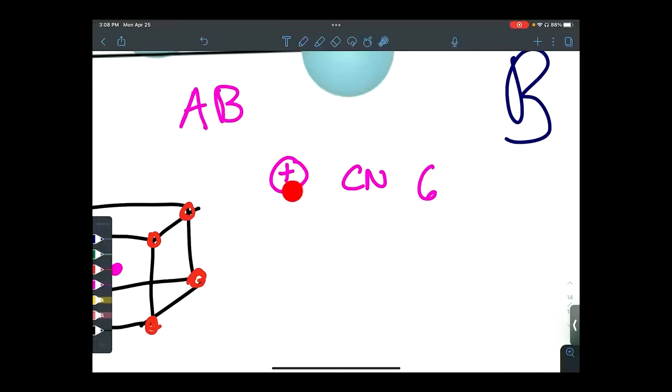So if there are 6 anions surrounding every cation, in order for the formula unit to be balanced, for there to be a 1-to-1 ratio of cations to anions, what would the coordination number around your anions have to be?